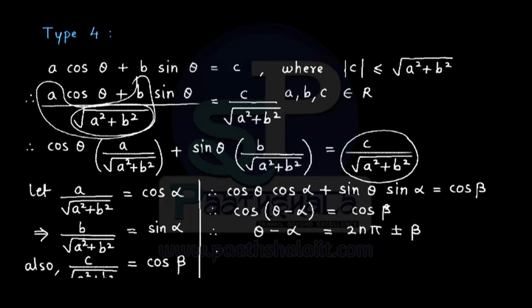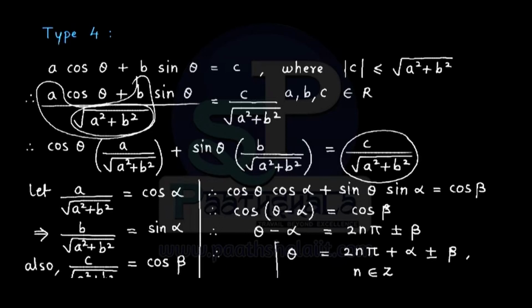So therefore taking alpha on the other side, we have theta is equal to 2n pi plus alpha plus or minus beta, where n is an integer, correct?